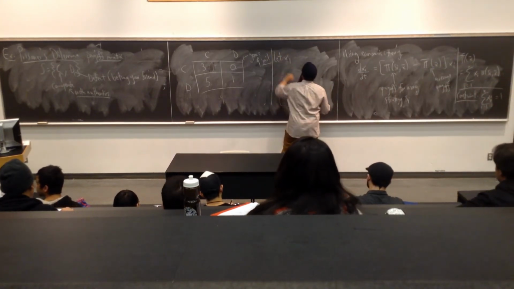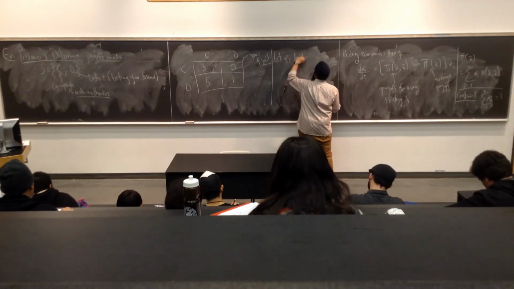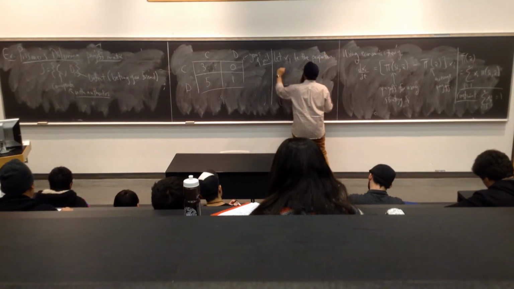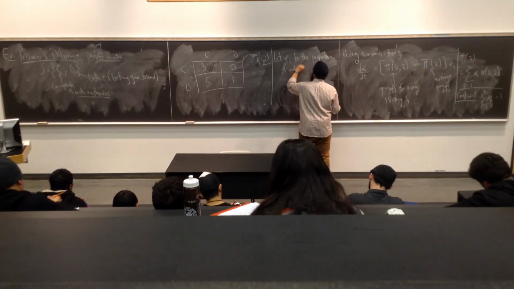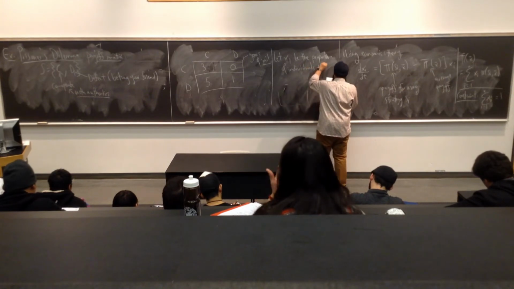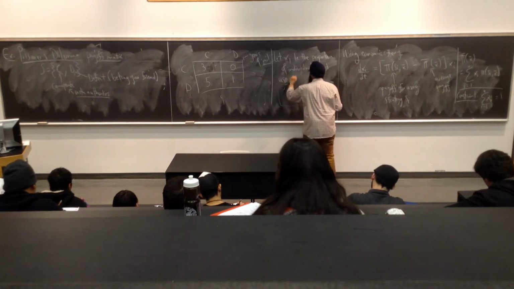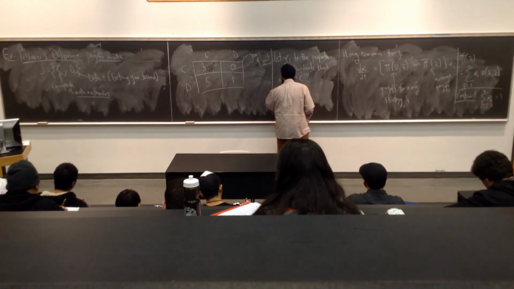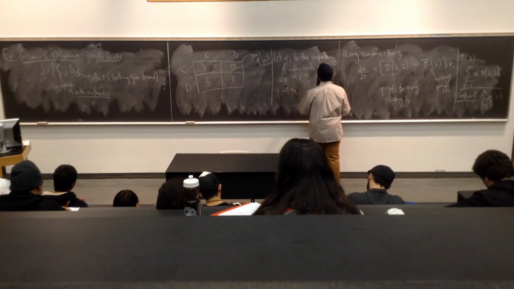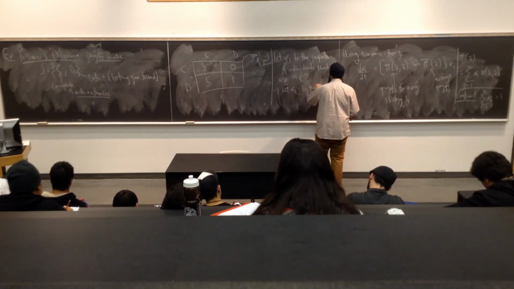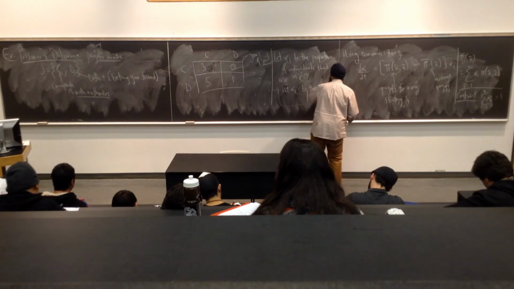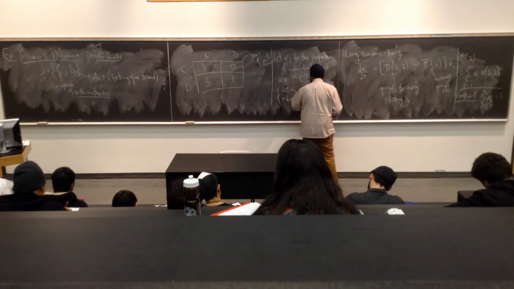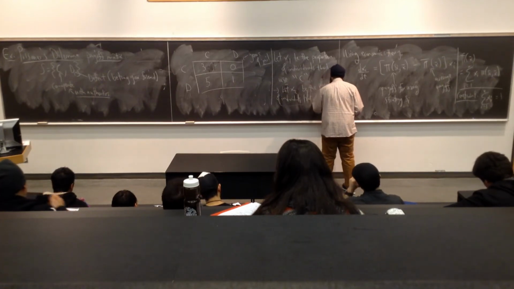Let x1 be the proportion of individuals that use strategy C. Similarly, let x2 be the proportion of individuals that use strategy D.